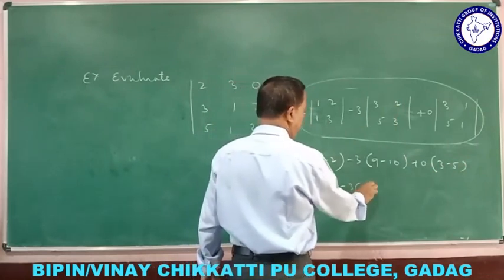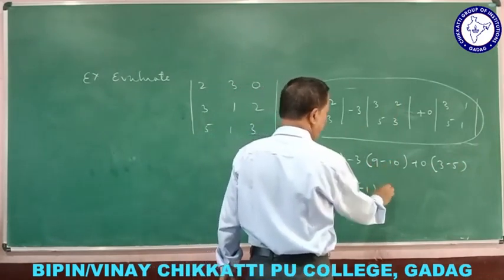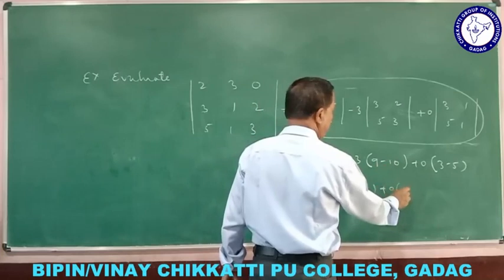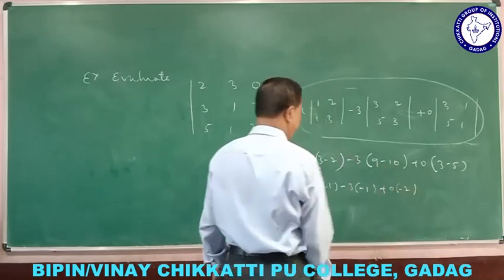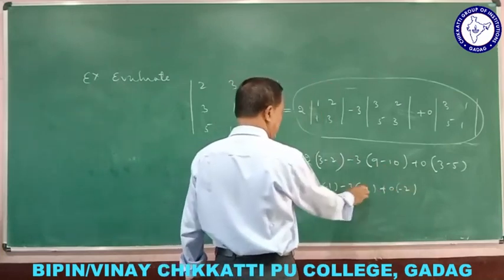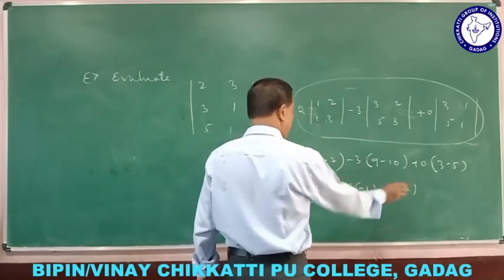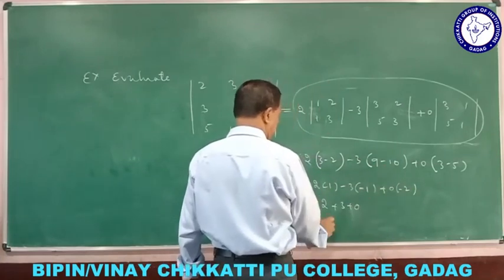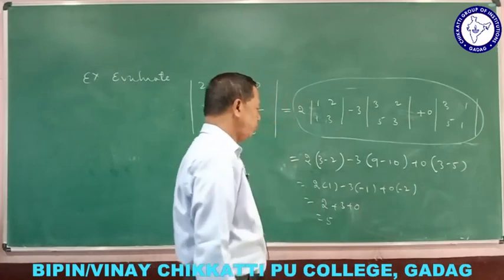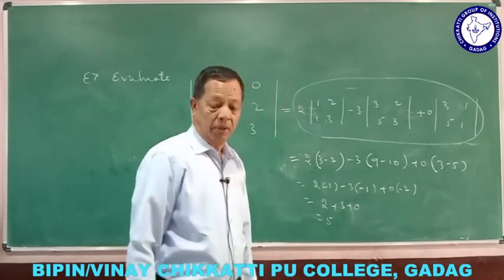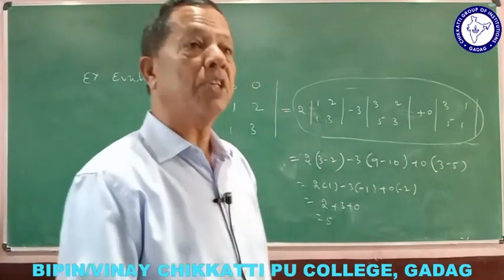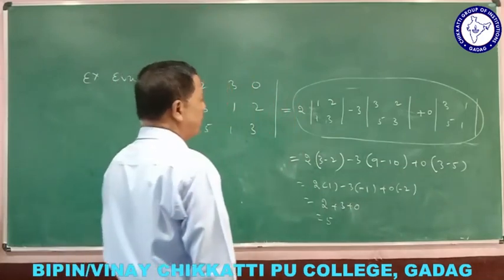Minus 3. 9 minus 10 is minus 1. Plus 0 into 3 minus 2 is minus 2. So this is 2 minus minus plus 3 and 0, whatever 0 into is 0. What is the answer here? Answer is 5. So this is the way how we expand a third order determinant.